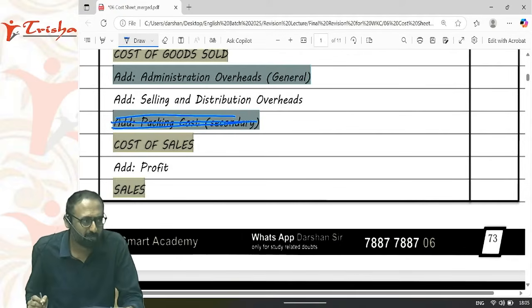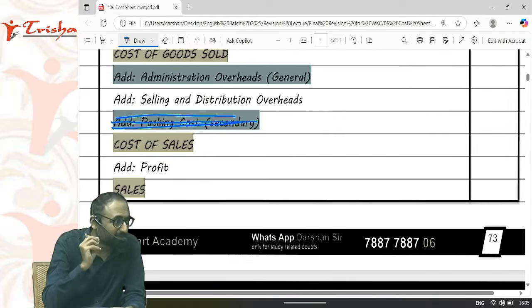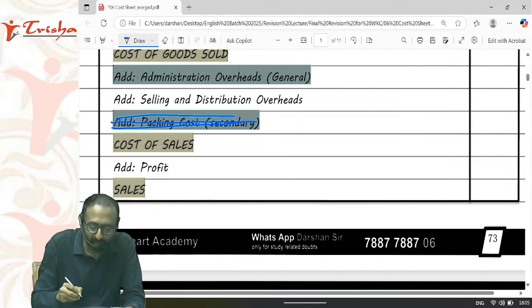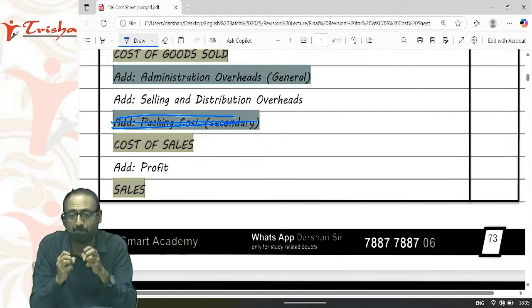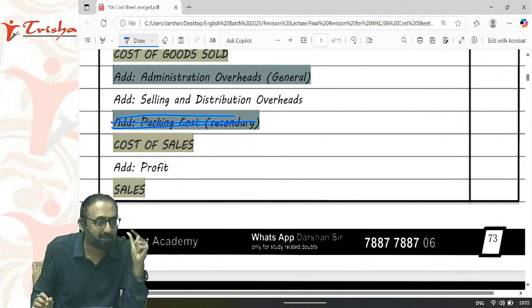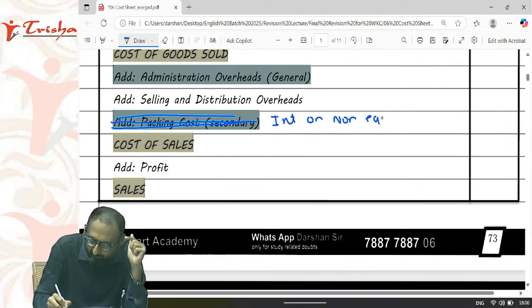As per the new amendment, if any interest cost is given in the question, interest on non-equity fund, it will be added as a separate element of cost of sales. So here you will add interest on non-equity fund.